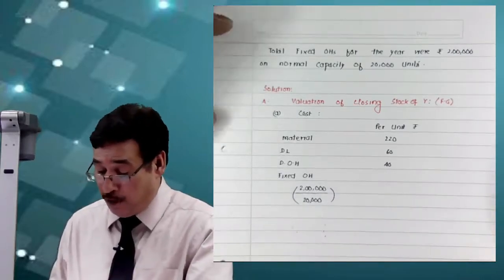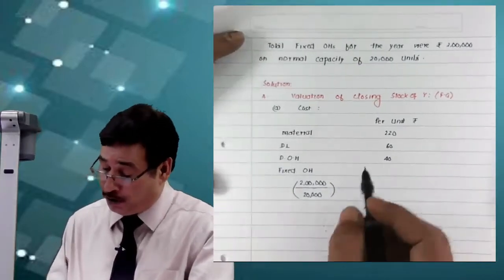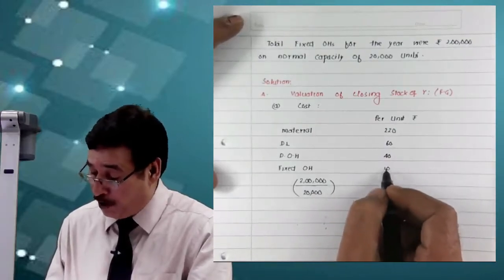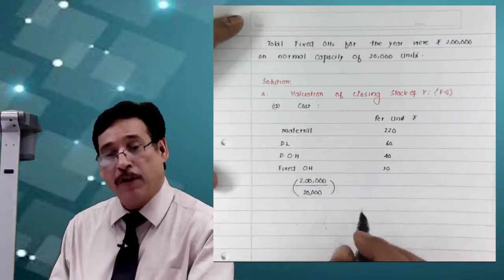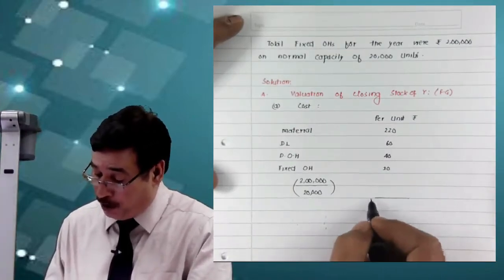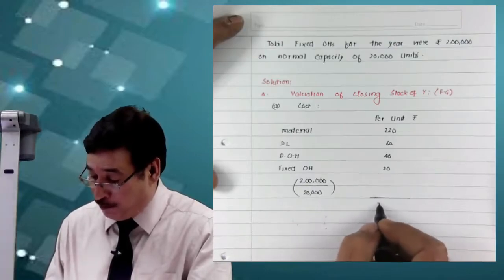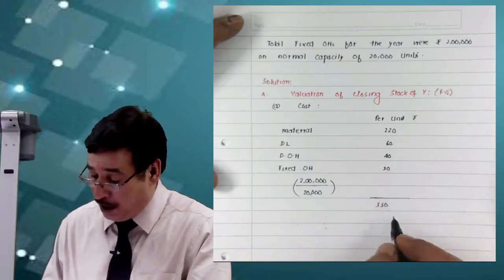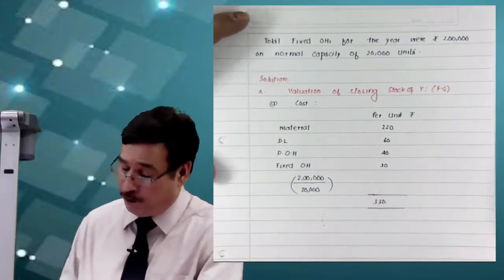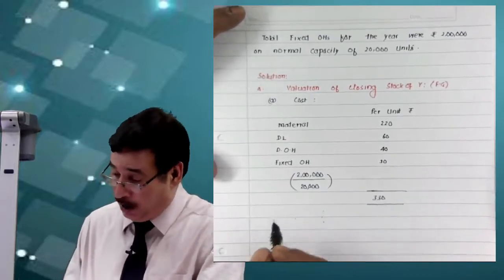So we may now arrive at per unit cost of fixed overheads, that will be equal to 10. So fixed overheads will be allocated at the rate of 10 per unit. This will deliver me the cost per unit of finished product Y, that happens to be 330. So 330 is the per unit cost of finished goods Y, correct?